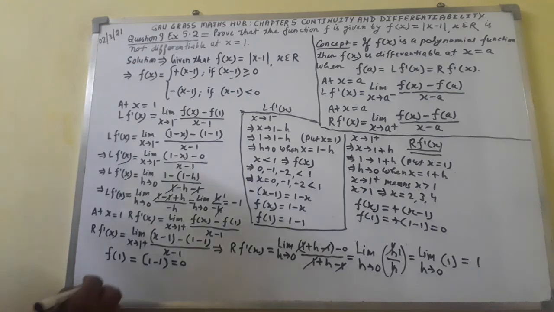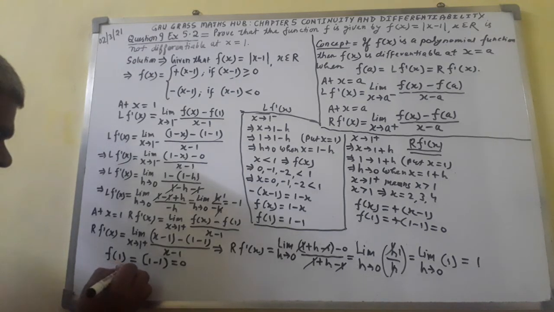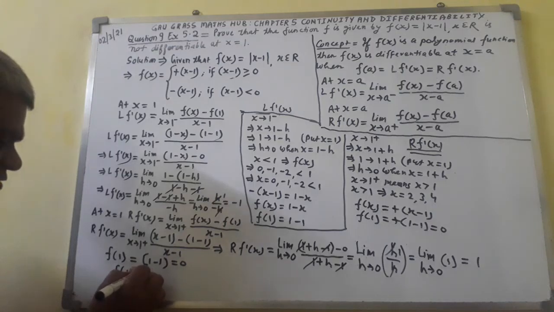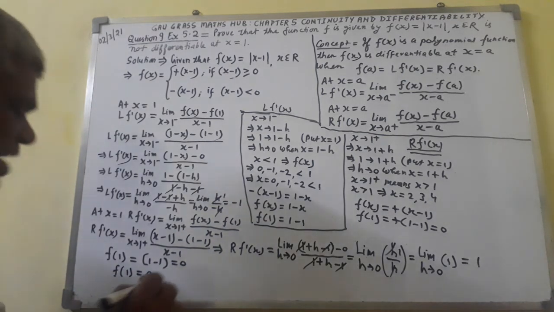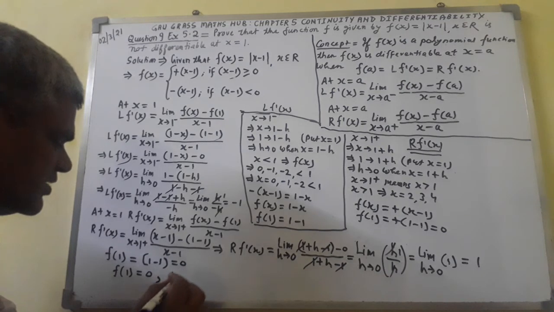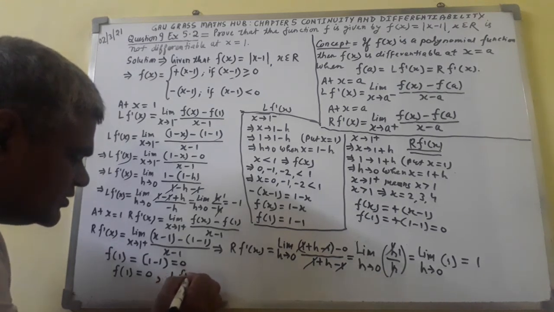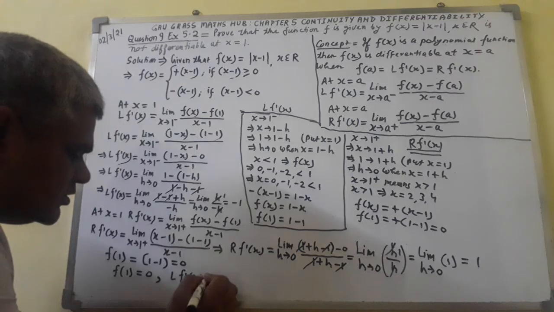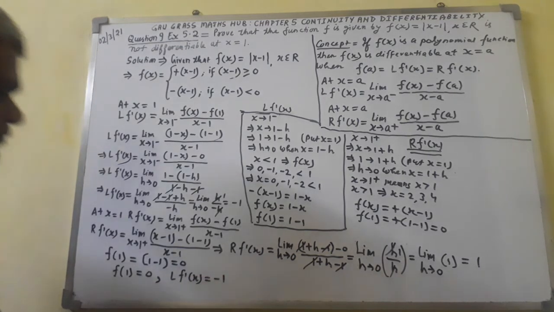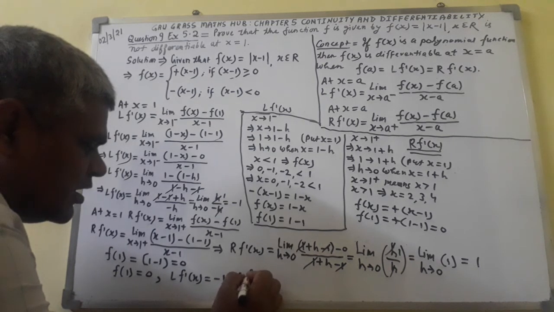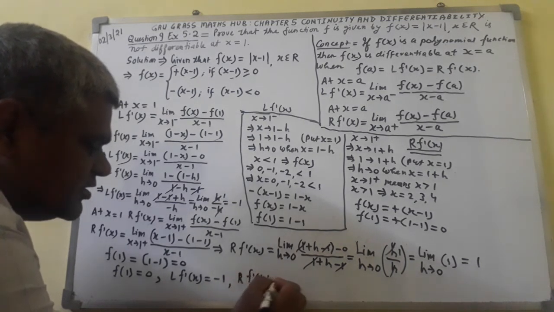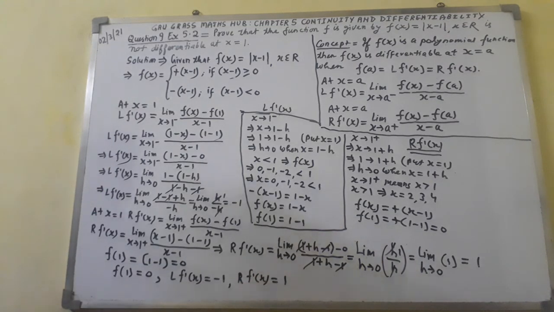Now again f of 1 equal to 0 you have got. So here you have got f of 1 equal to 0, comma, left hand derivative of f of x equal to minus 1, right hand derivative of f of x equal to 1.